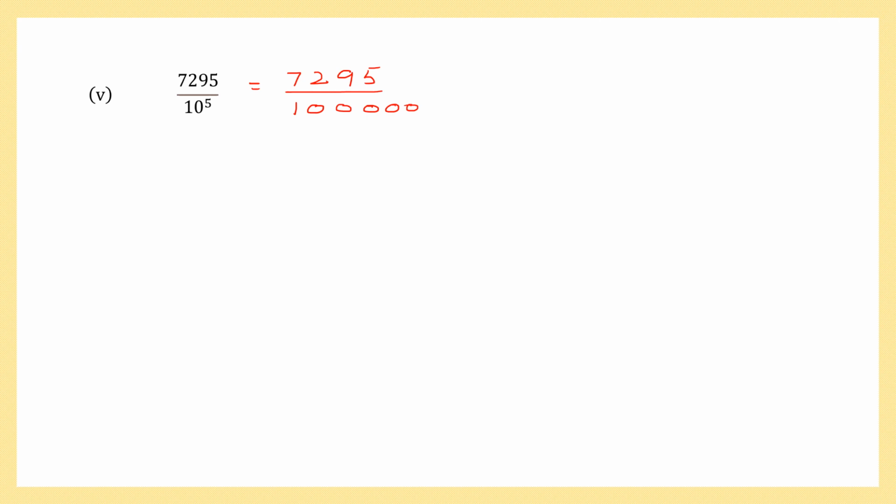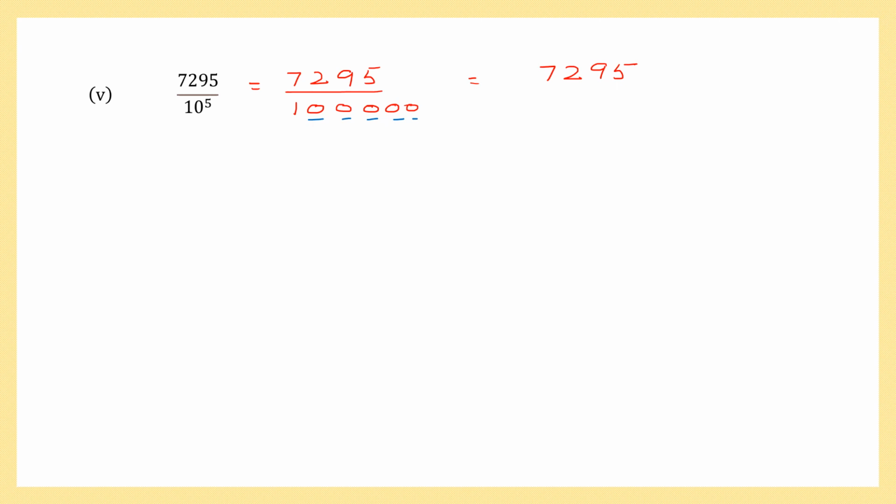Now my numerator, I'm going to write it as a whole number, 7,295. And I'm going to look at my denominator and count the number of zeros. 1, 2, 3, 4, 5. So my whole number should have 5 decimal places.